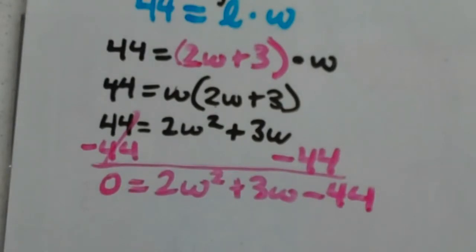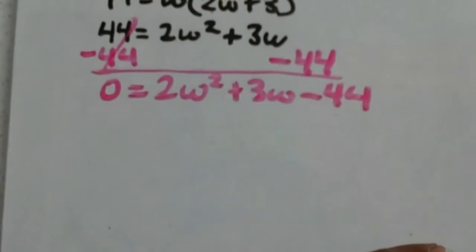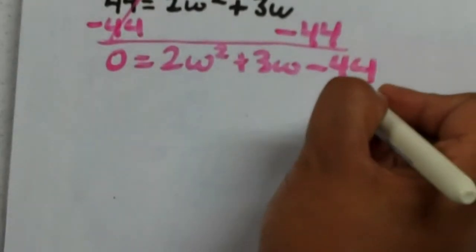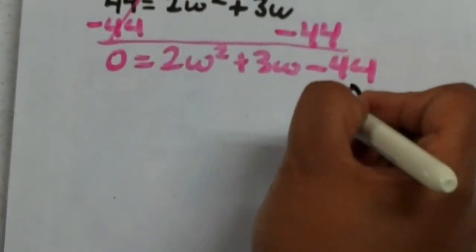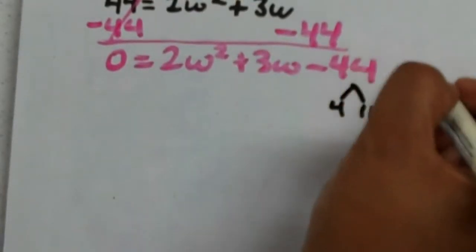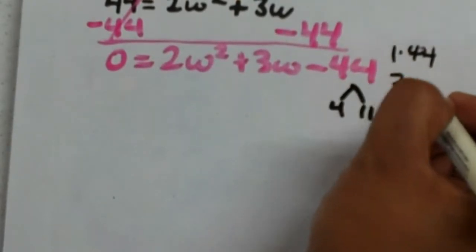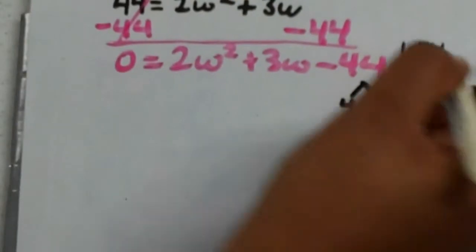Now we can begin the process of factoring to solve this equation. So let's look here. We have 44. Its factors would include 4 and 11. Other factors would include 1 times 44 and 2 times 22.